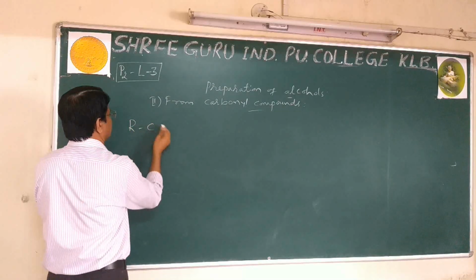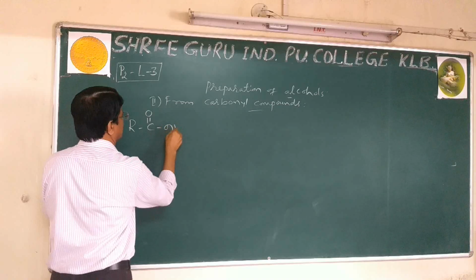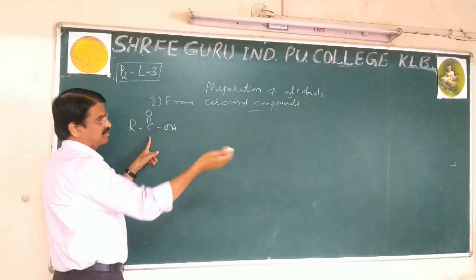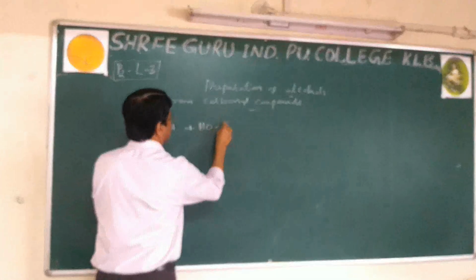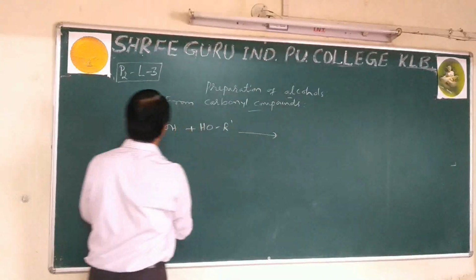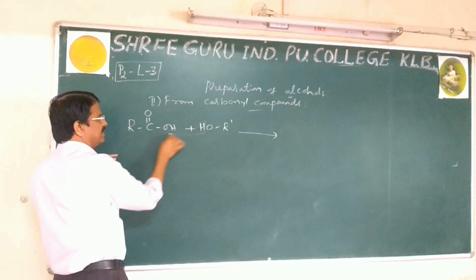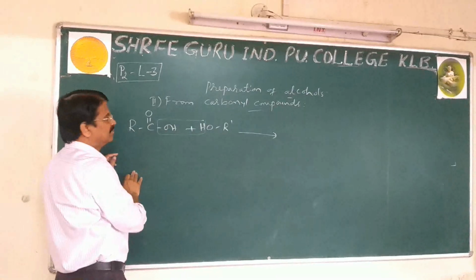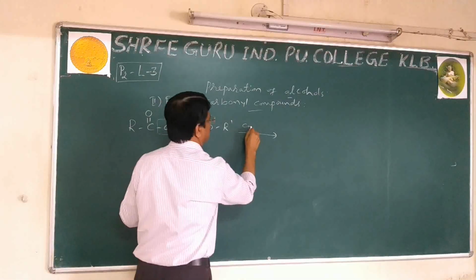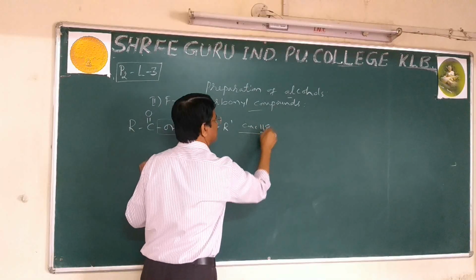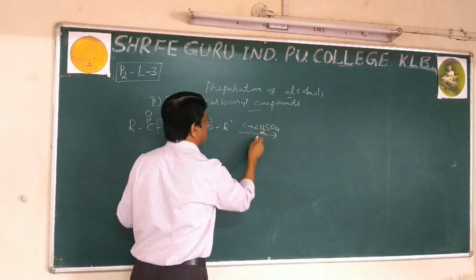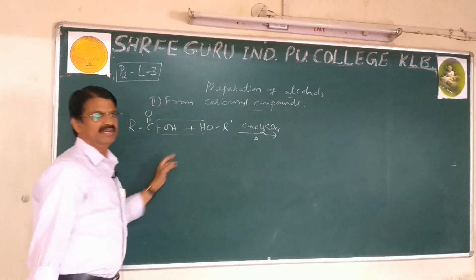First, they will convert carboxylic acid into ester. This is alcohol, carboxylic acid. During heating, the reaction occurs using concentrated sulfuric acid as a dehydrating agent.